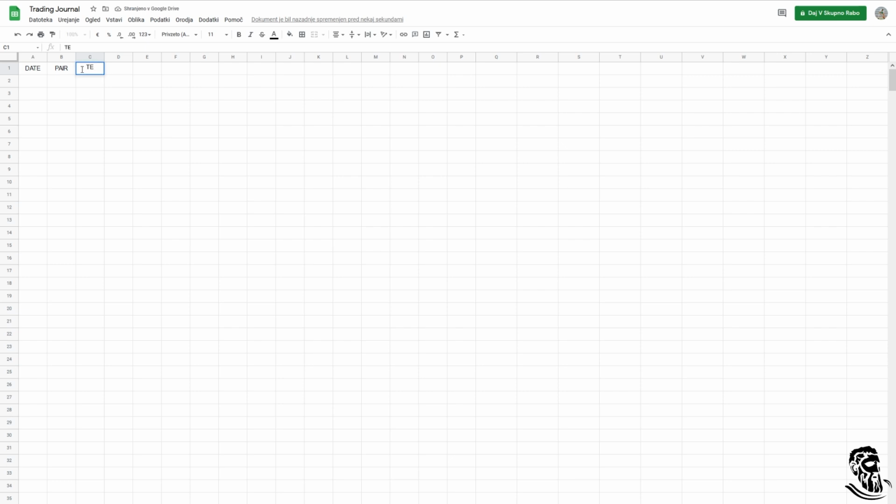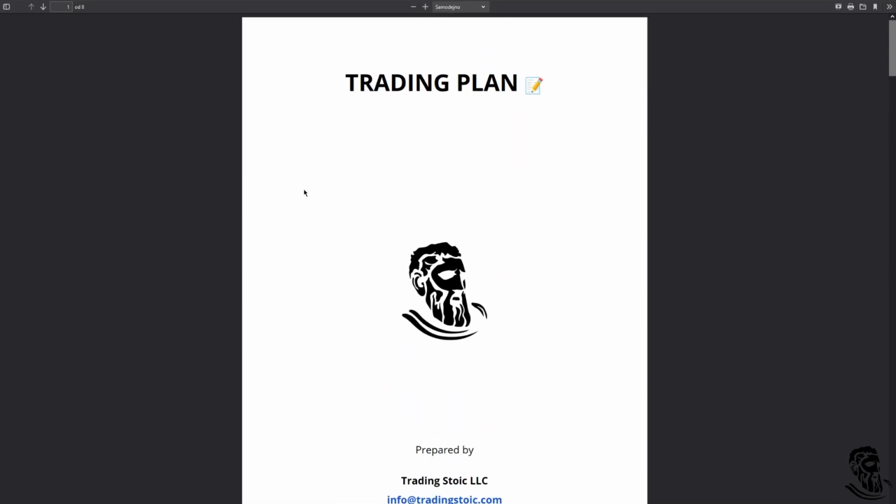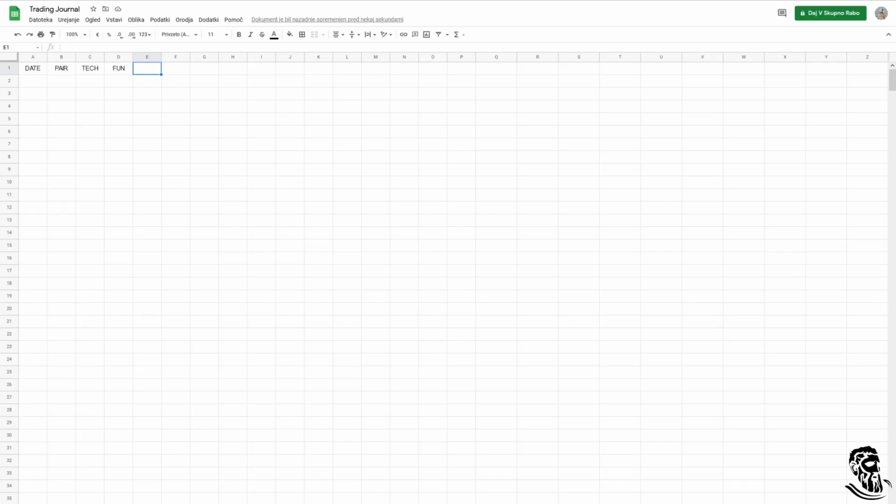So what I do is I do tech, this means technical analysis, okay. Then I do fund, this is fundamental. RR, you can do that, but based on our trading plan, you can look at yourself. This doesn't have to be the same, because RR is in the plan. So basically this depends on how you look at it, right?